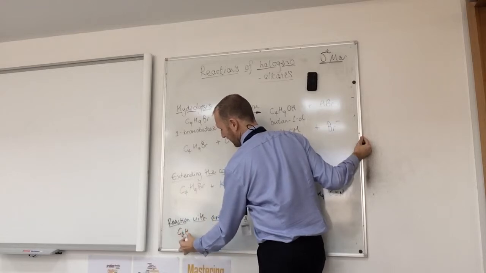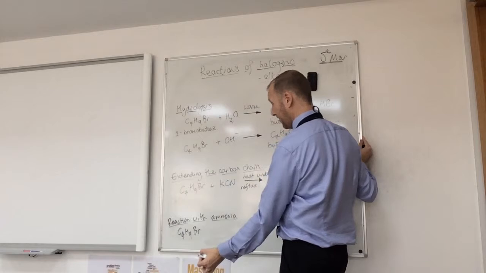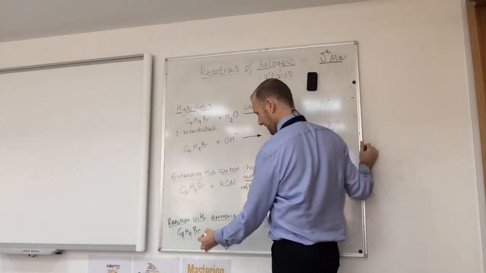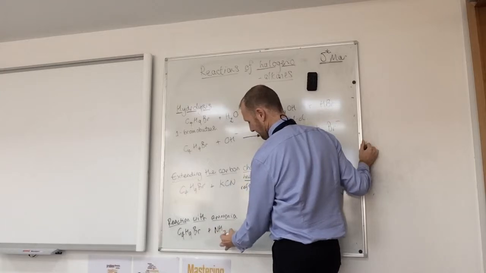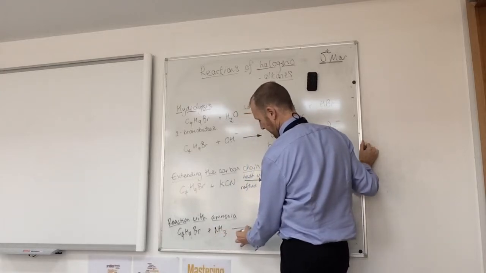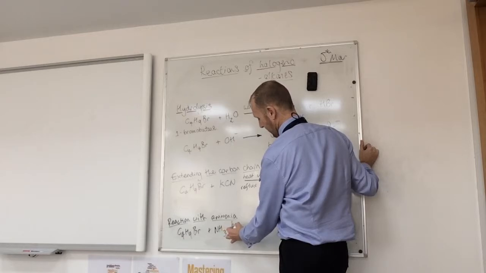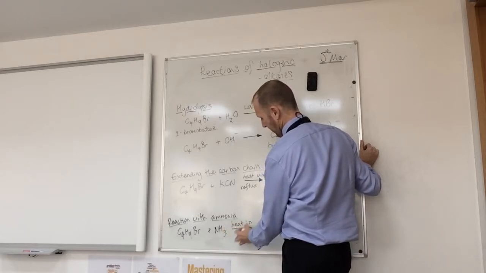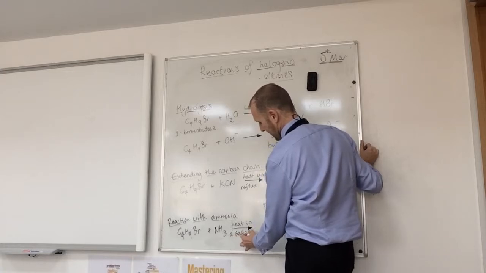Okay, so reaction with ammonia next. I reckon you've probably picked up a pattern here as to what's going on. So we'll take 1-bromobutane again and react it with NH3. This time, to make it happen, we don't reflux it, but we heat in a sealed container.